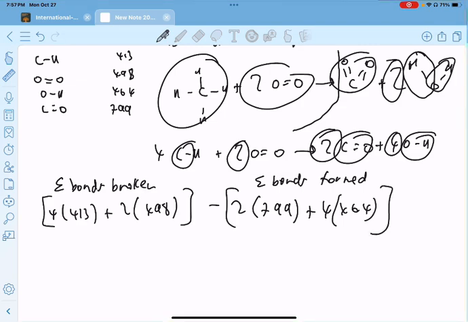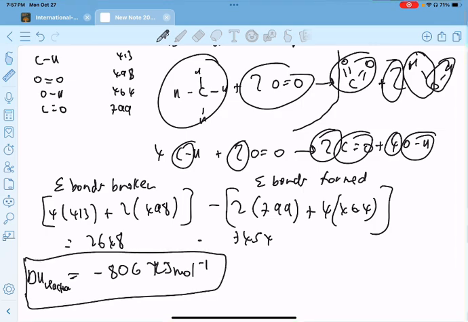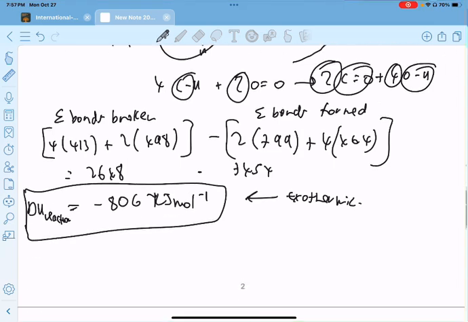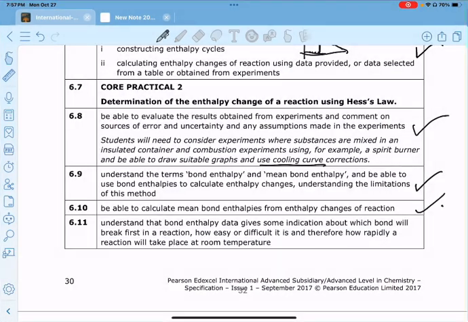When you put this in the calculator, you're going to get 2648 here minus 3454 here to give you an enthalpy change of reaction of negative 806 kilojoules per mole. Okay, this tells us that the reaction is exothermic, so that is how we calculate it. That's a simple calculation, but with practice you will get a better understanding of it.